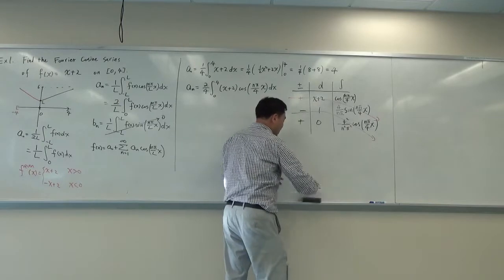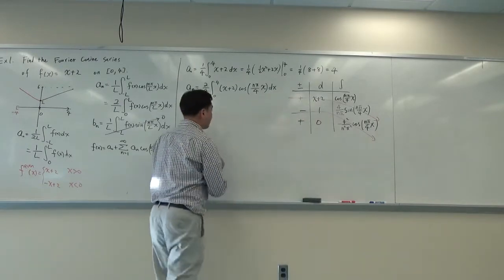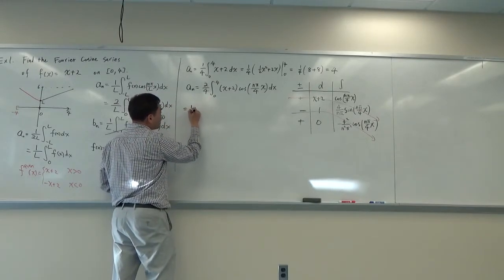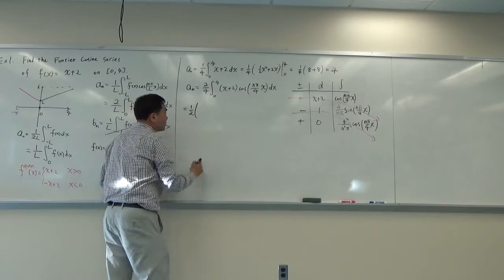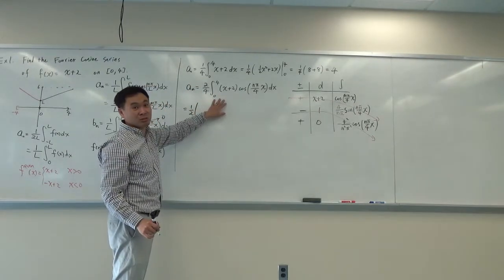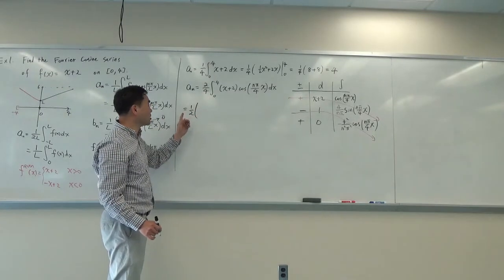So if we have that, the result is that you have, don't forget this 2 over 4. That's like the most common mistake people make. If they have some coefficient in front and they're so worried about the integral, they forget that there was a coefficient in front. So don't forget that one.